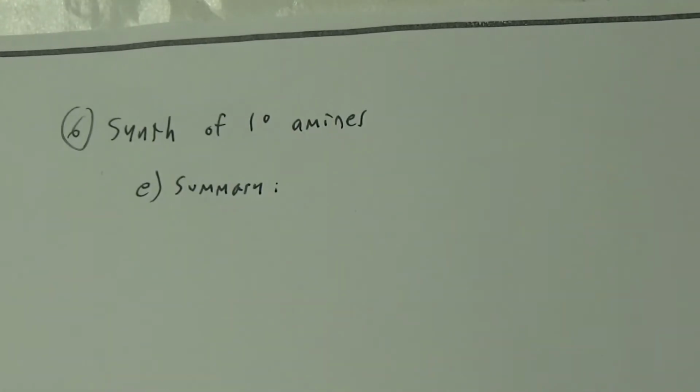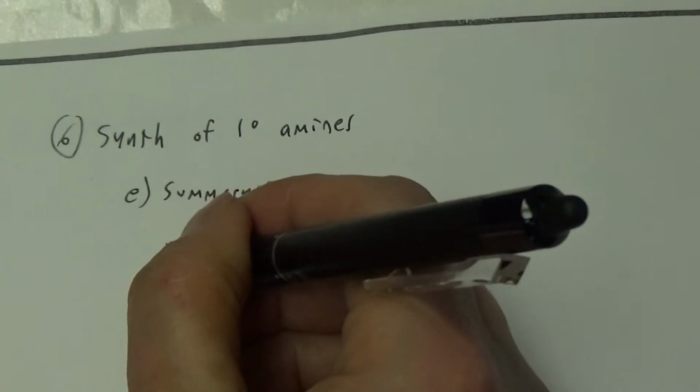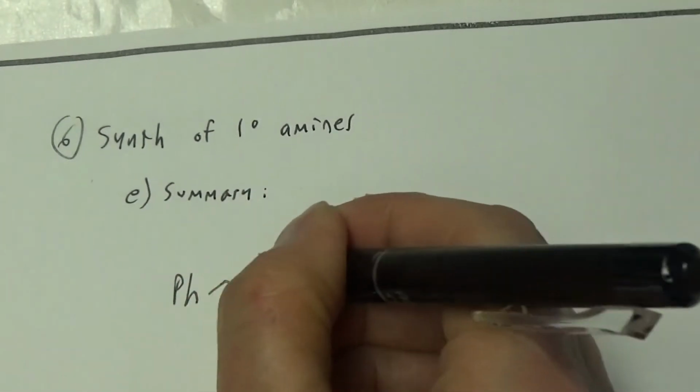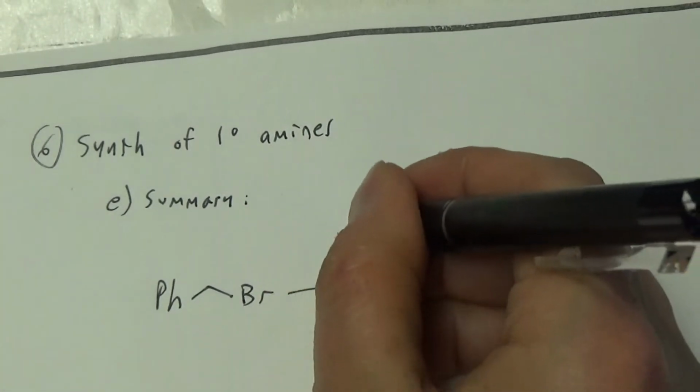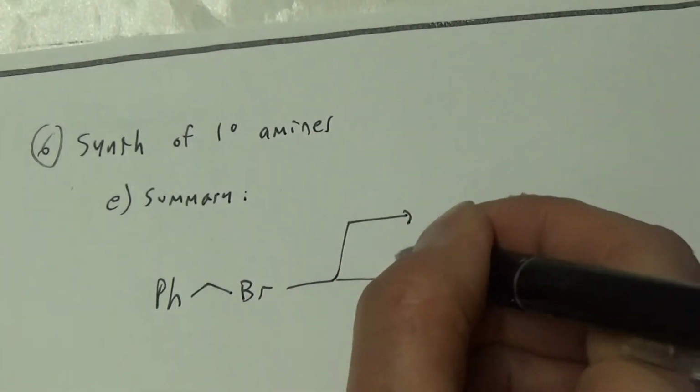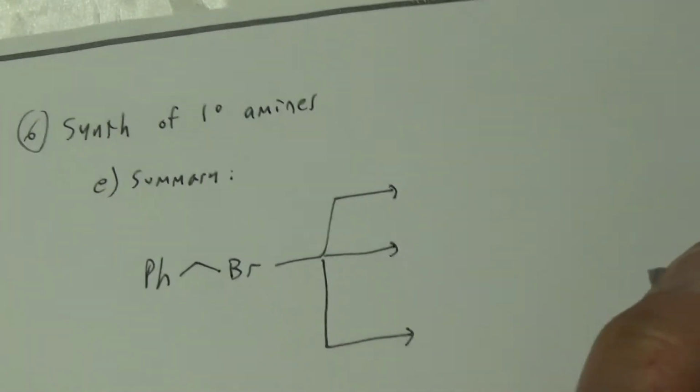Okay, so let's summarize these methods 1, 2, and 3 real quick. If I have an alkyl halide like benzyl bromide, which is phenyl CH2 bromide, there are three ways we can do the alkylation.